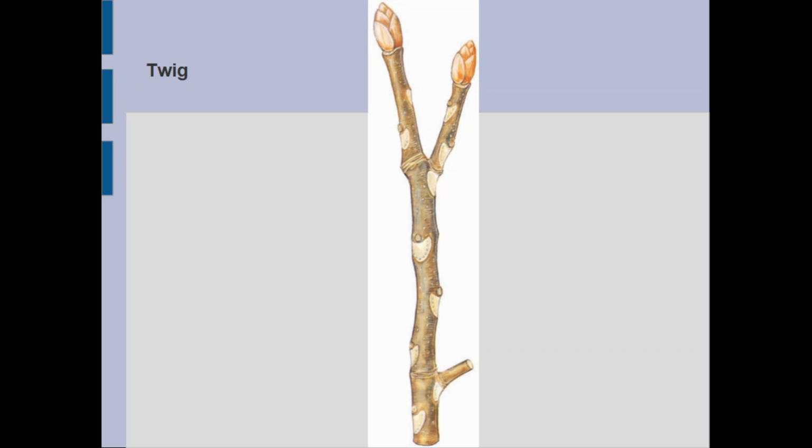And third, stems produce new living tissues. So the buds are usually the place where they start to grow, and they grow in two directions.